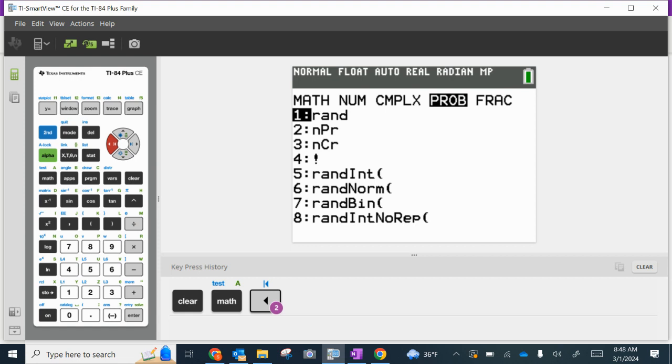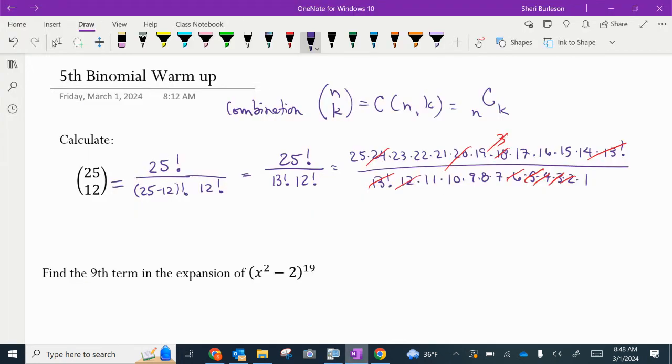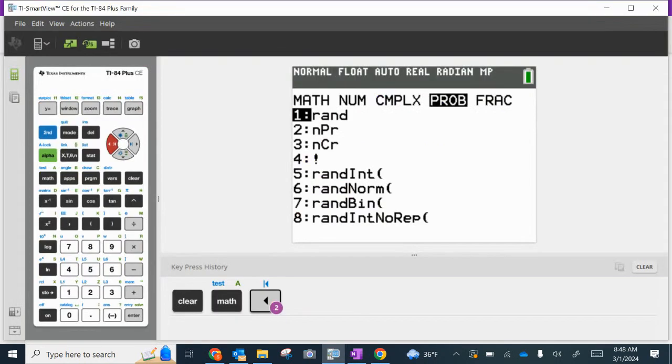Factorial is, but even less than needing to type out what the factorial means, don't I see this notation? The nCr does not look like this, right? So on my calculator, I'm going to choose option 3.